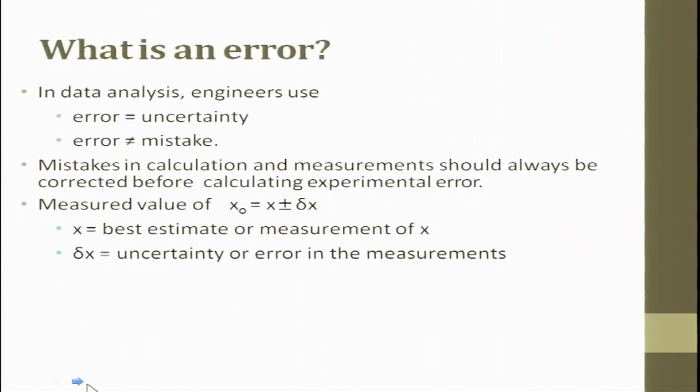So next, again, what is an error? It's the thing which I just said before, that error is equal to uncertainty, it is not equal to a mistake. A mistake is something like ignorance, carelessness, or different environmental conditions.